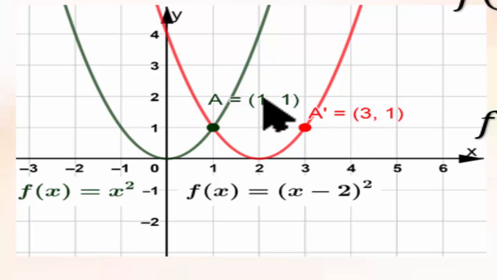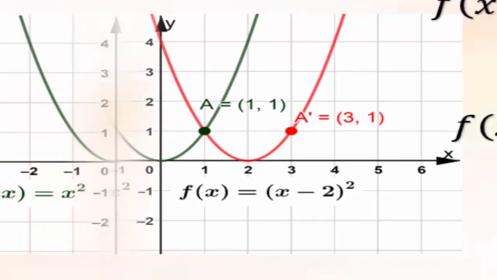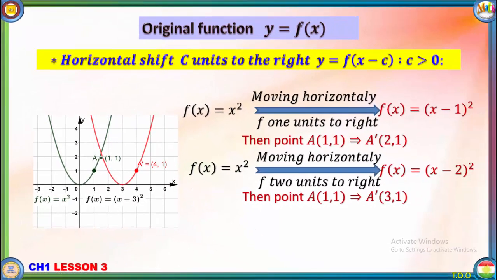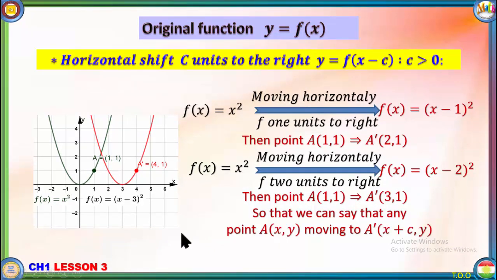We added 2 units to the x. If we continue in this way, any point A(x, y) moves to A dash (x plus c, y); we add c to the value of x.